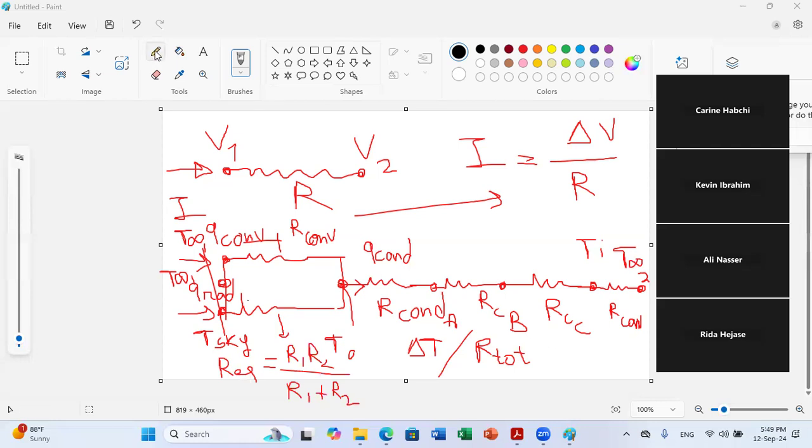Your purpose is to minimize this rate because you want to isolate the external and the inner environment. Through science and technology, you can develop new materials that will allow you to reduce this heat transfer between the inner and outer environment.